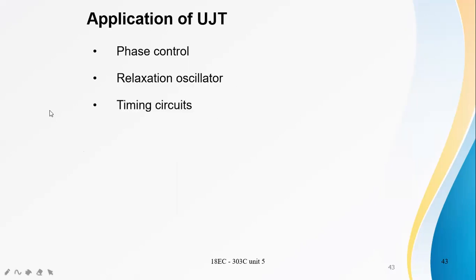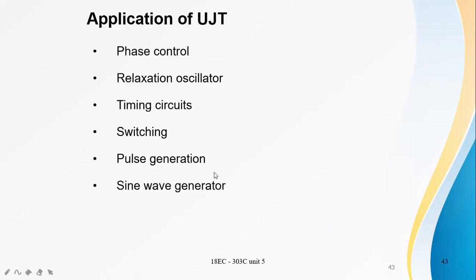And what are the applications of UJT? That means where we can use this UJT: in phase control circuits, relaxation oscillators. This is the main application, UJT as a relaxation oscillator, and timing circuits, switching circuits, and pulse generation. Also we can use UJT in sine wave generators, and voltage or current regulator supplies. These are the applications of UJT.